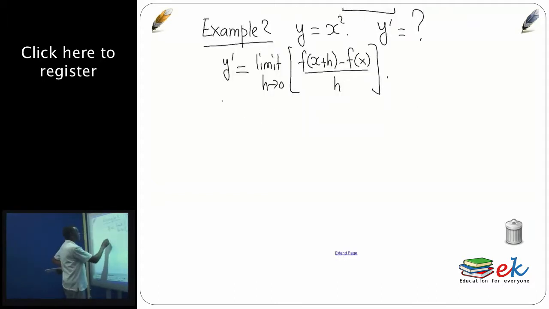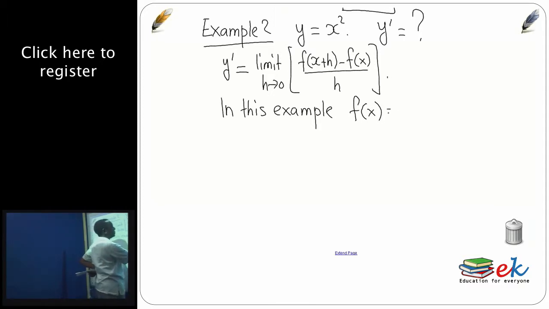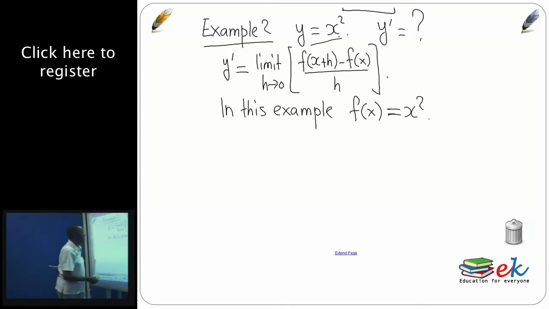Now, in this particular example, our f of x is simply equal to x squared. That's what we have in this, and therefore we feed it into the definition.